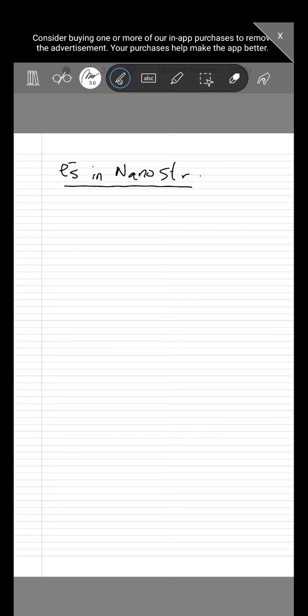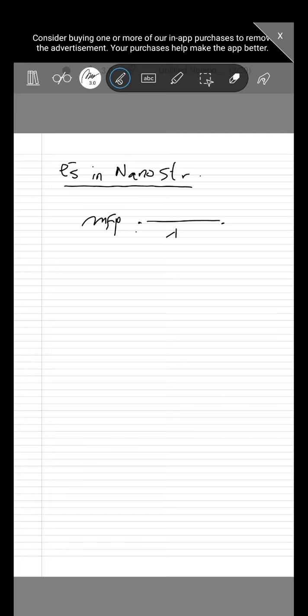Now, when an electron flows through a material, it has something called a mean free path. That means the distance traveled by the electron between two collisions. So there is a collision here and there is a collision here. So this happens to be the mean free path.